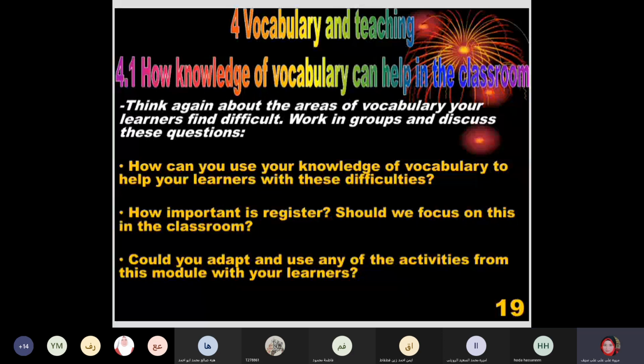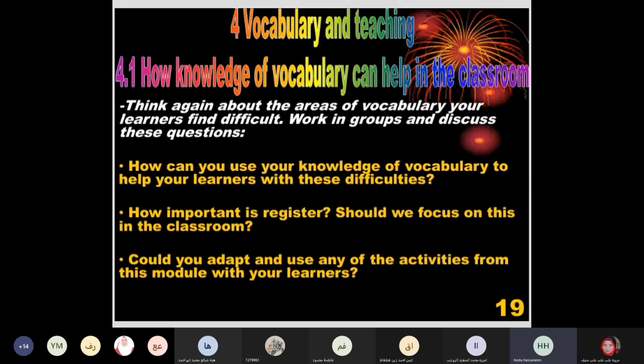Remember your question, Marwa. Mrs. Huda, remember your question. How would we benefit from the kind of exercises? I've said yes. For example, the find the errors. We use it again in the classroom.